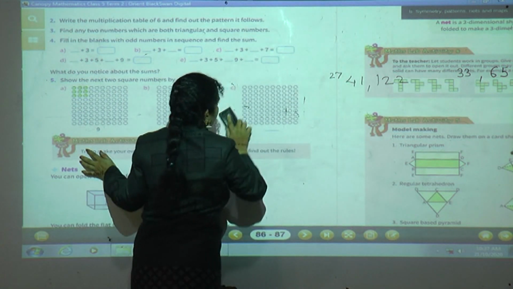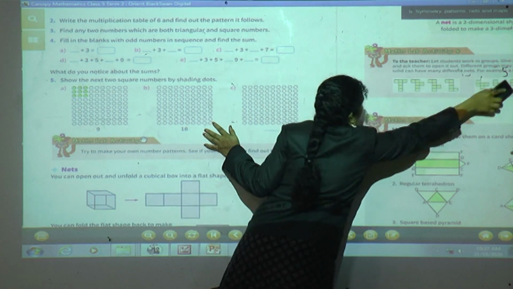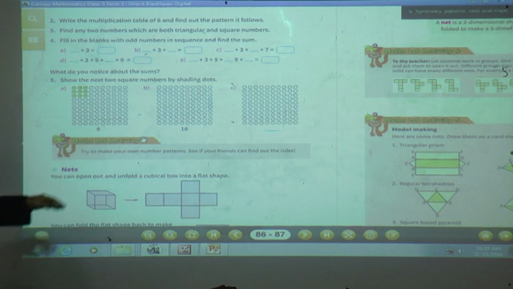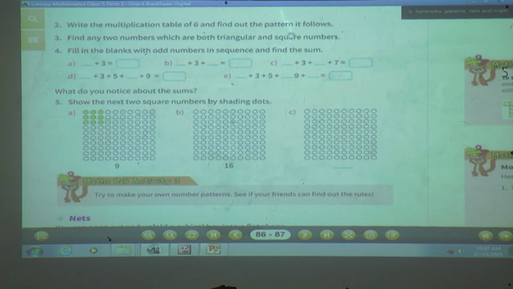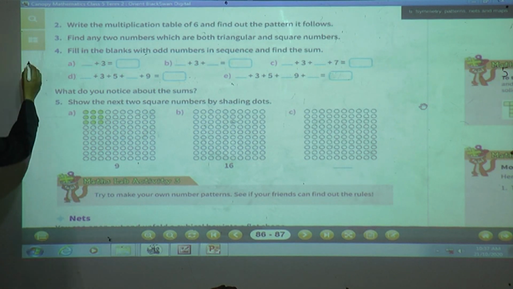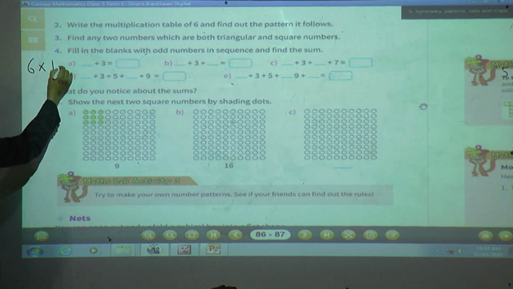Okay, see here. Write the multiplication table of 6 and find out the pattern it follows. That means you can write table of 6 like this.